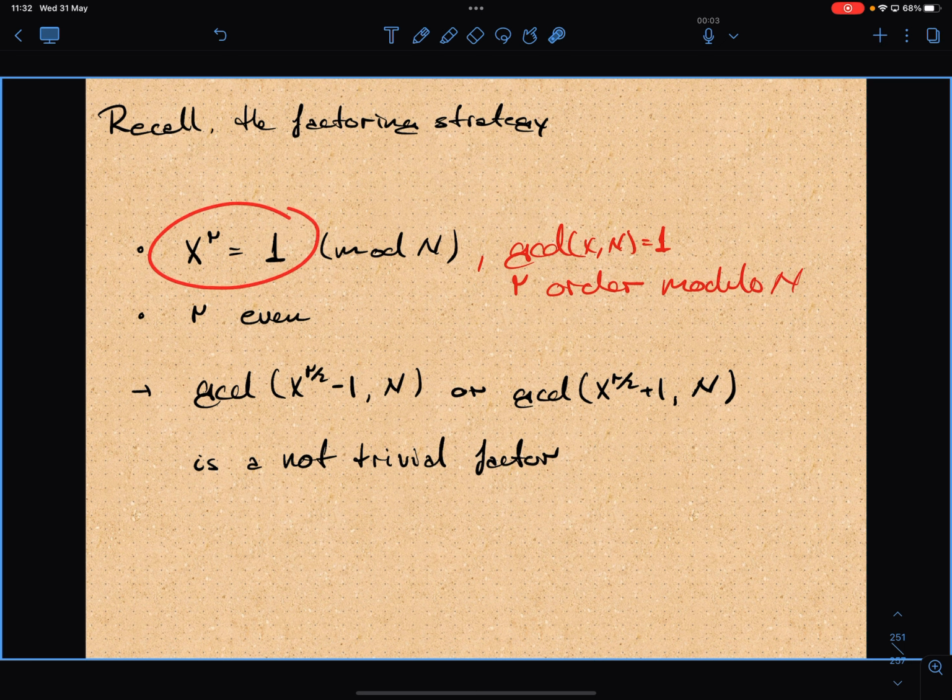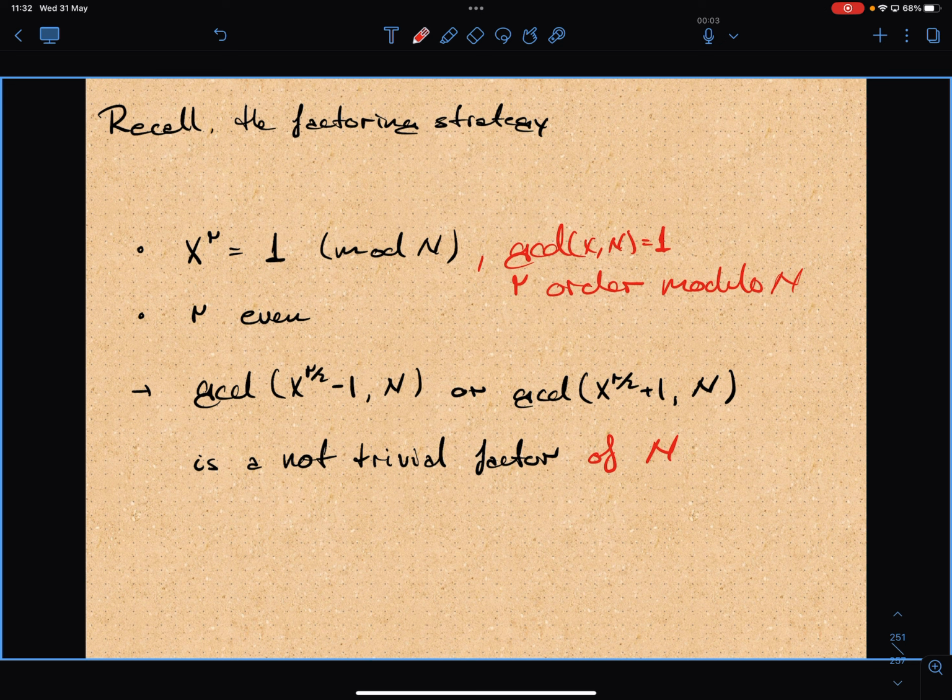So we have this set up, and also we assume that r is even. Then the punchline is that one of these two numbers is going to be a non-trivial factor of n. So this is going to be our factoring strategy.